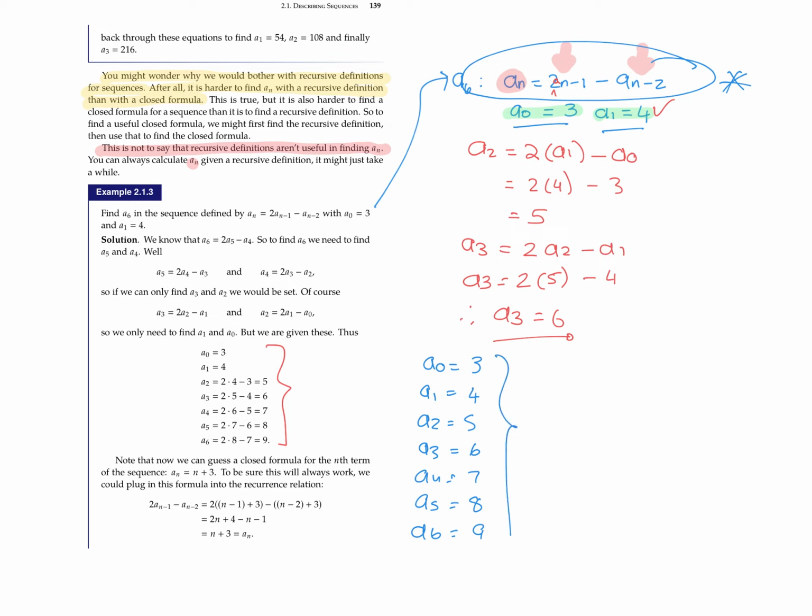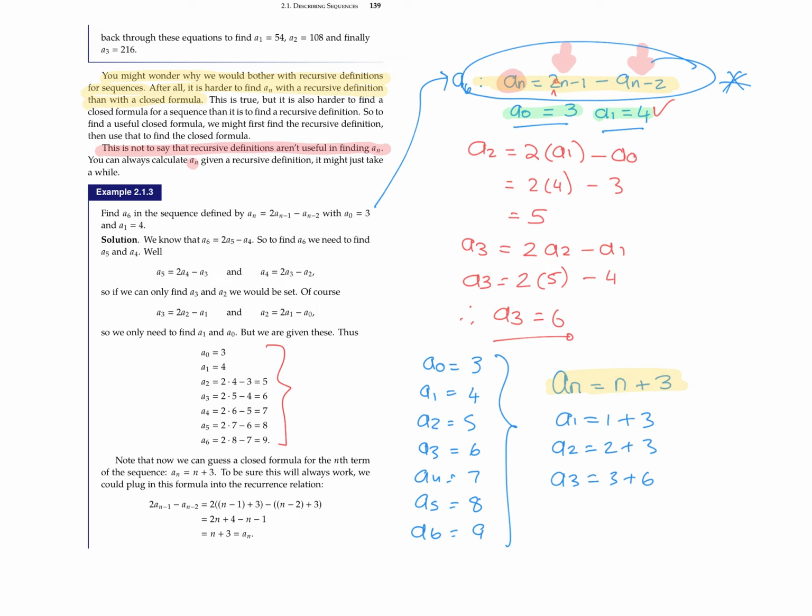If we look at an, when n is 0, it's going to be n plus 3. a1 will be 1 plus 3, a2 will be 2 plus 3, a3 will be 3 plus 3.